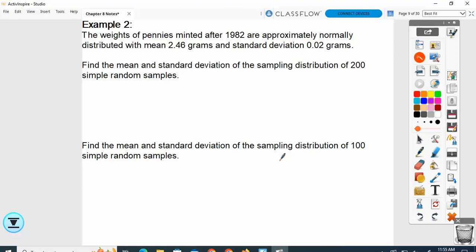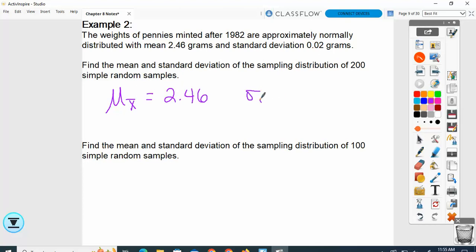That's pretty bad. Okay, so let's look at this one. The weights of pennies minted after 1982 are approximately normally distributed with a mean of 2.46 and a standard deviation of 0.02. Find the mean and standard deviation of the sampling distribution of 200 simple random samples. Okay, so my mean of my sampling distribution is the same as the mean of the population, which is 2.46.